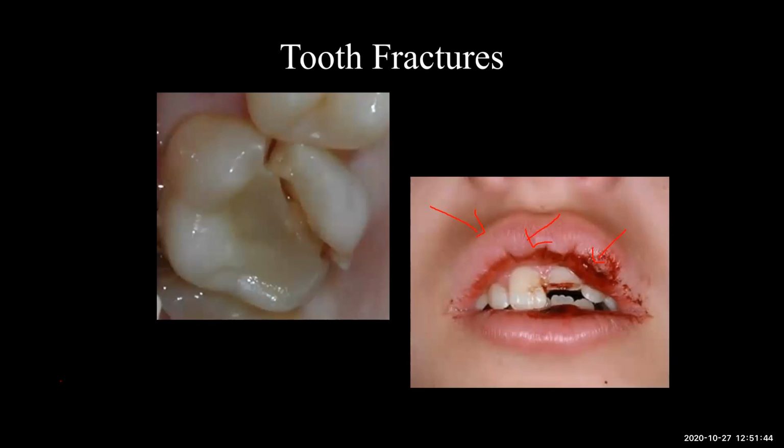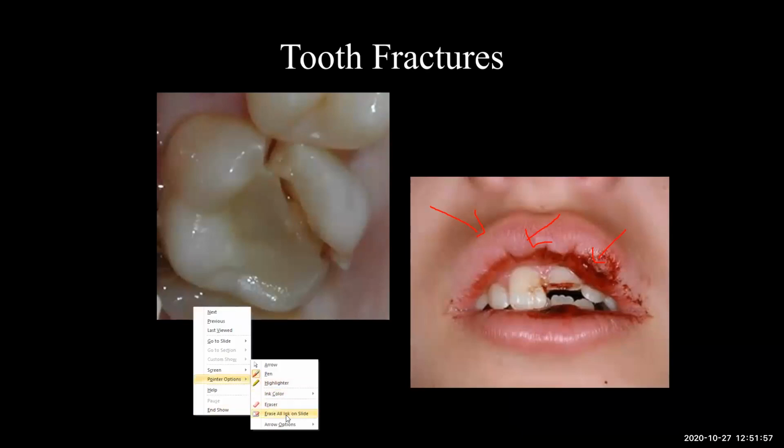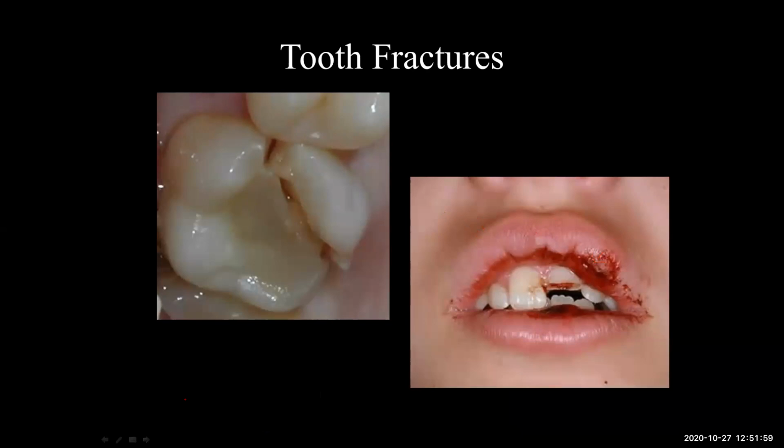Where would you start? Especially on a 5-year-old or a 3-year-old who falls into the coffee table. What kind of radiograph would you take on that patient? Panoramic? Maybe. A PA. Okay, a PA. How would you do that? Depends on how young they are.